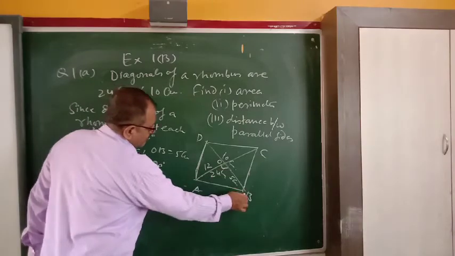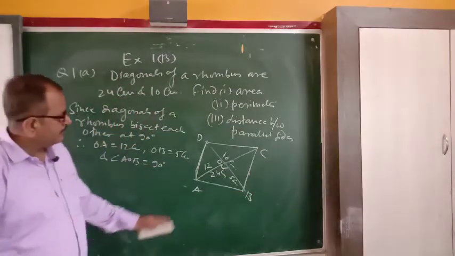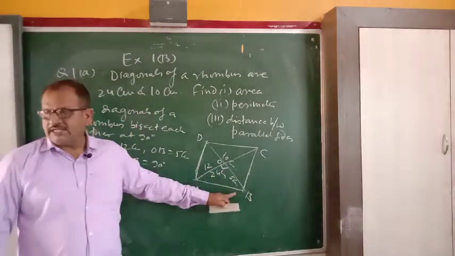So triangle AOB is a right angle triangle.